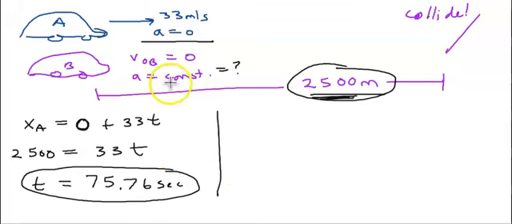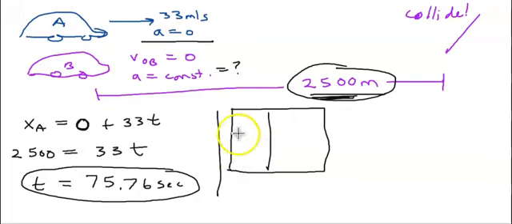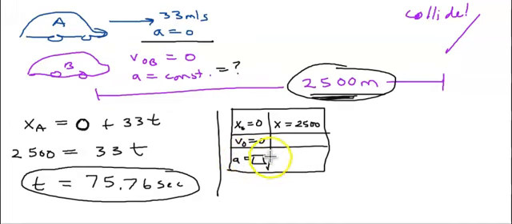And now, what do we want to be true for car B? Now, I haven't been setting up the physics Sudokus in the interest of time and you watching the videos, but I will give you the boxes on the test. So x naught is 0, x final is 2500, v naught for car B is 0, a is what we're looking for, and we just found the time of 75.76.